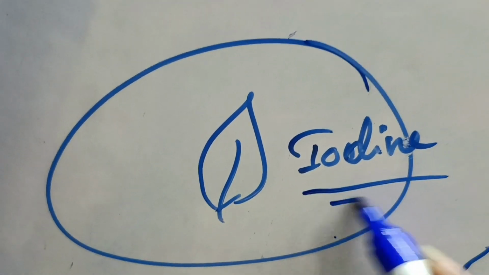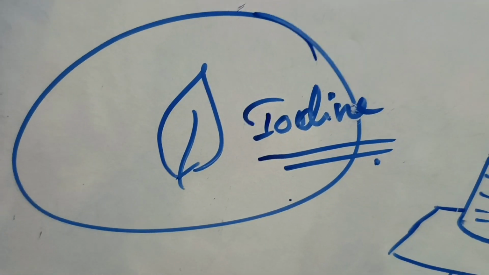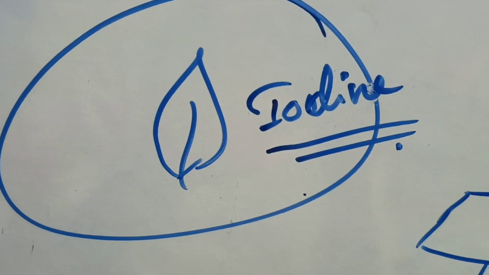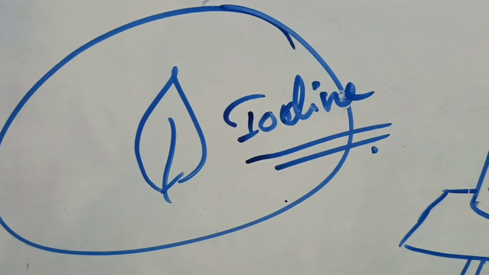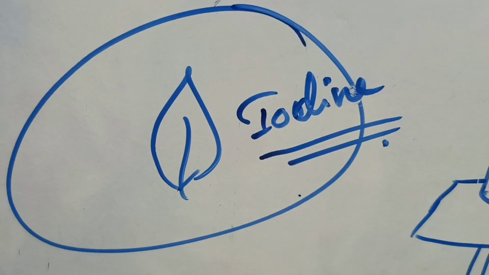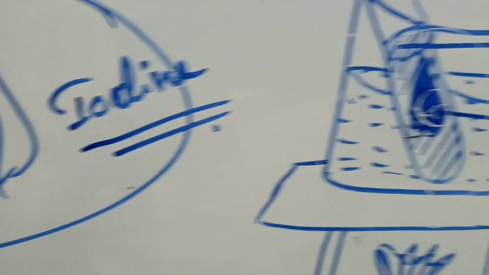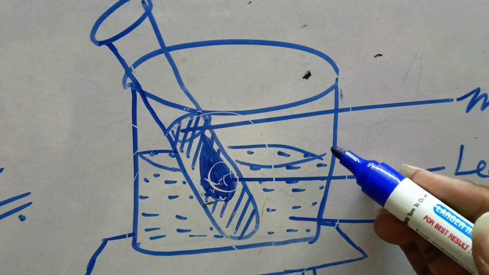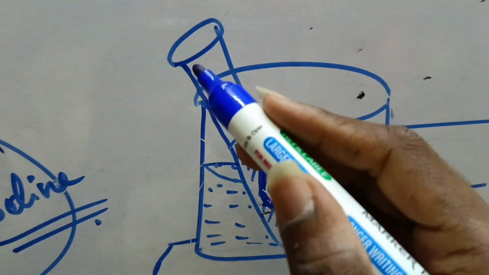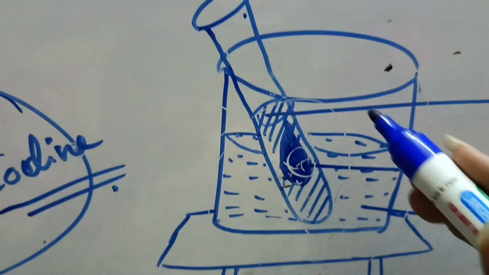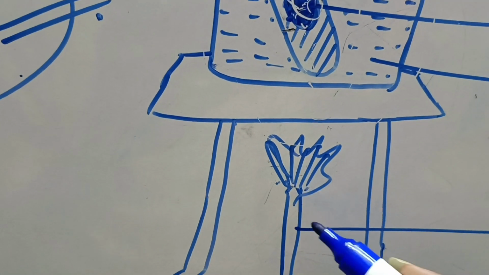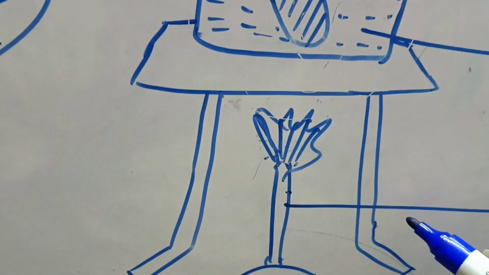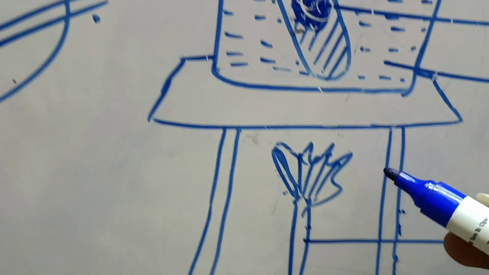This is the indicator to test whether starch is present or not. So add 2 to 3 drops of iodine on that leaf. We observe that the leaf changes into a bluish black color. This experiment indicates that starch is present in the leaves. So here the methylated spirit removes the chlorophyll from the leaf.